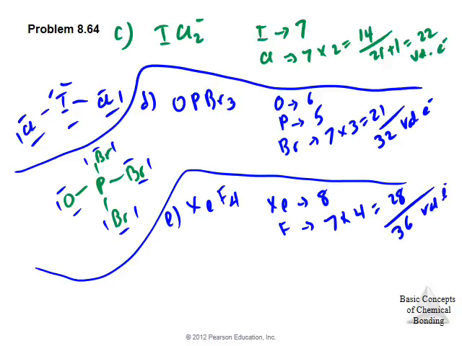So let's draw the central atom and the outer atoms. Xe is the central atom, and let's put down the other 4, and then give noble gas configuration to fluorine.